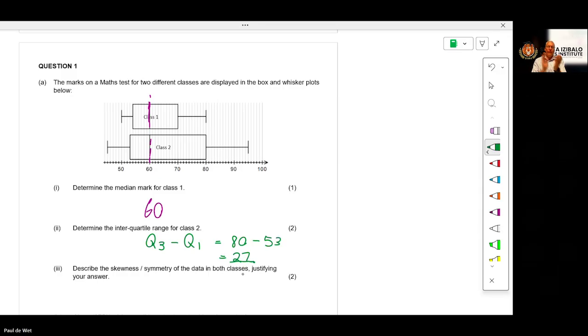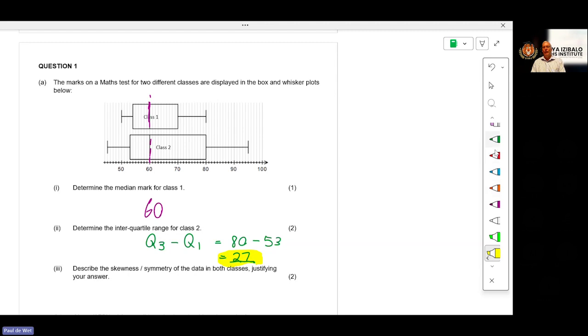Guys, just in terms of exam technique, for this question, if you just write 27, you will get both marks. But just listen very carefully.